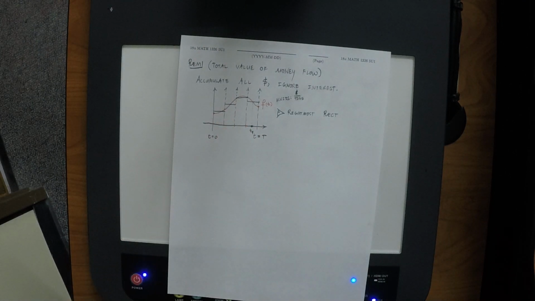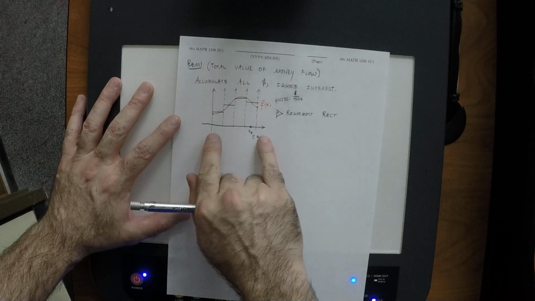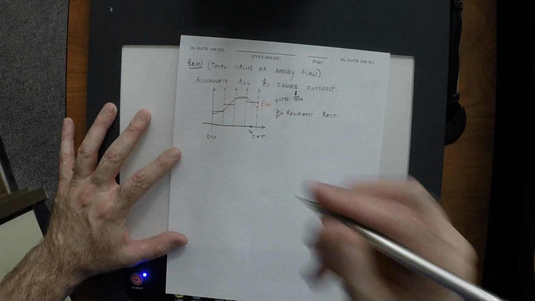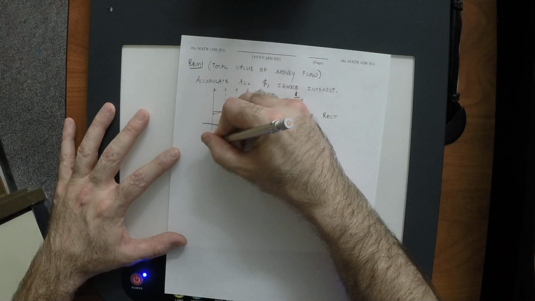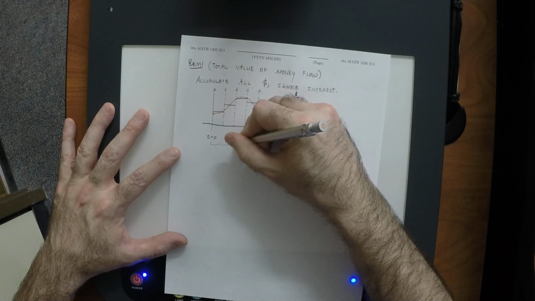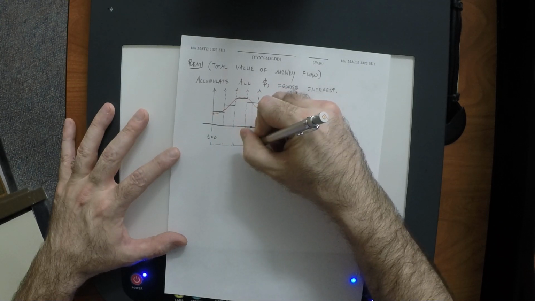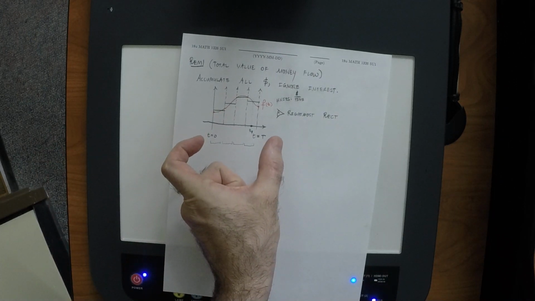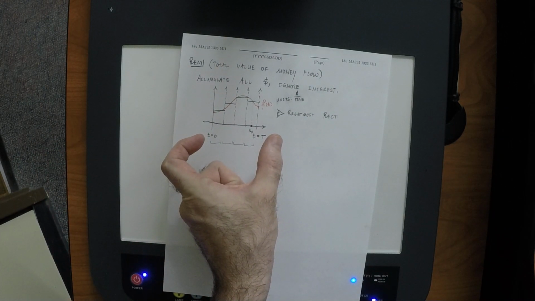Okay? And since we cut this interval into 4 equal pieces, that means that they all have the same size. So that size is the same as that size, is the same as that size, is the same as that size. So what's the total length there in time?